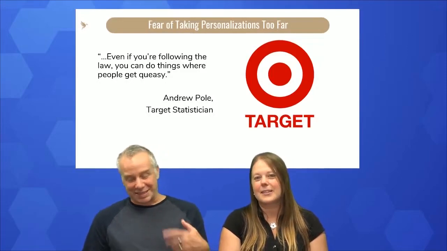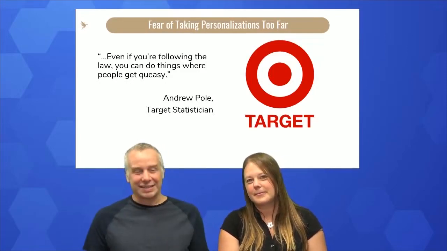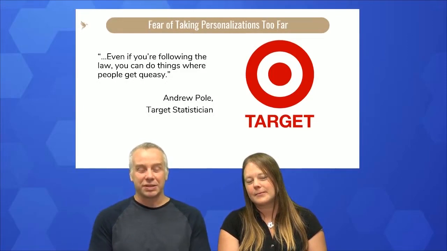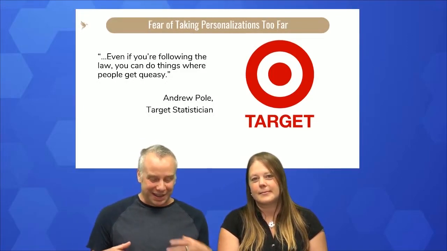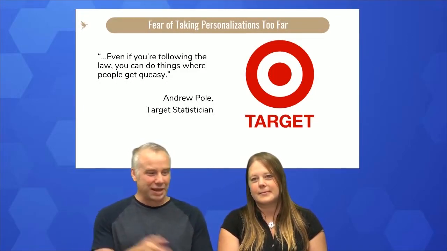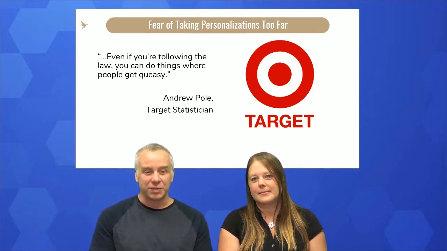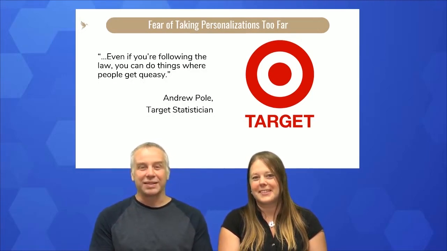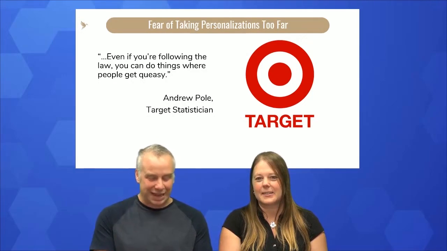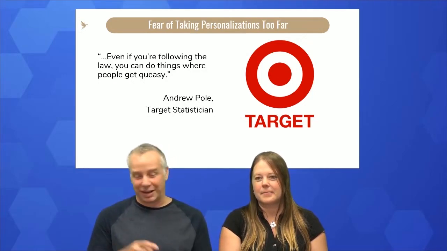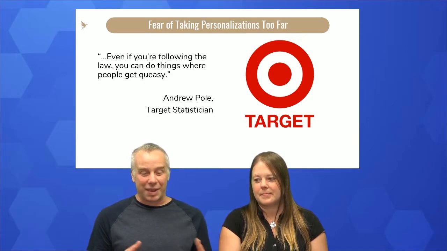One thing that we hear people talk about a lot is this fear of creeping people out with personalizations. And that's akin to me being worried about running a 7-minute mile. It's not going to happen. We're all beginners here. Target did an absolutely fantastic job implementing machine learning and some pattern matching, and they were able to deduce, in some cases, whether somebody was expecting.